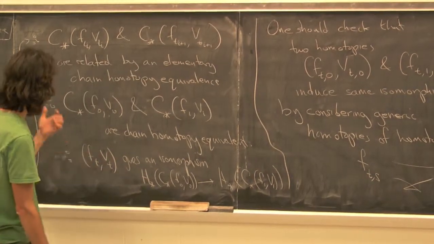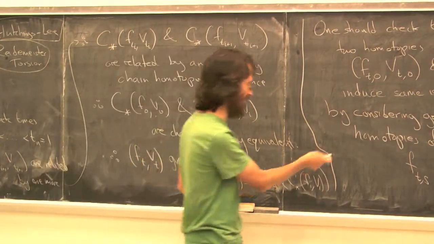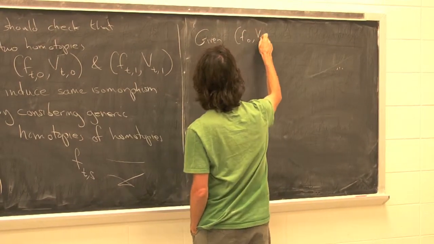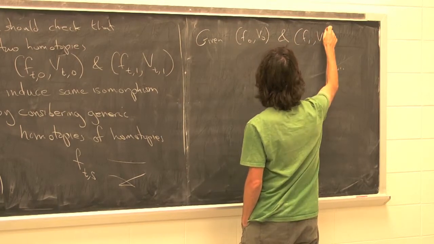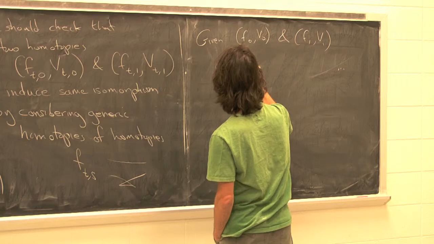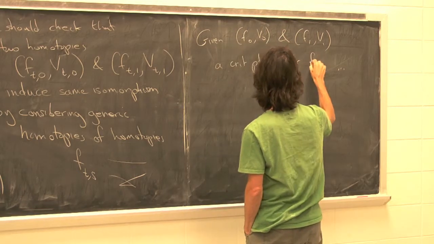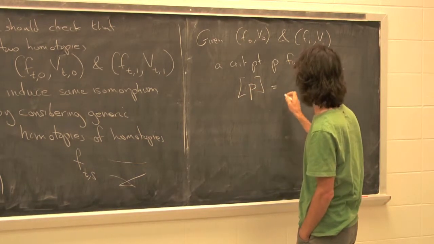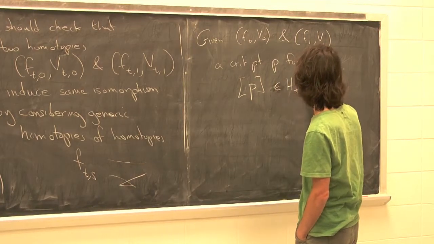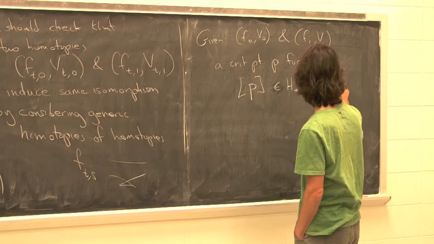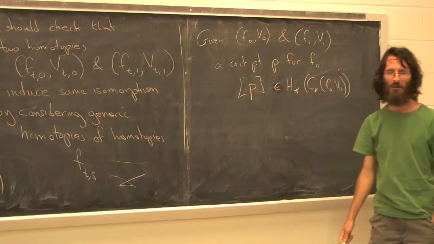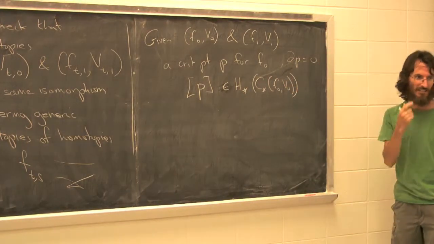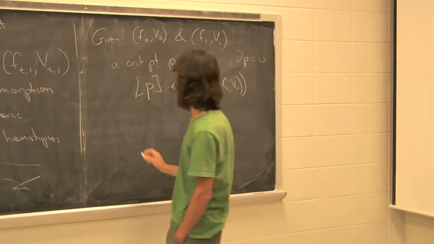A question that would be resolved by this is, given F0, B0, and F1, B1, and let's say a critical point P for F0, then you'll have a homology class for P, an element of the homology of the chain complex for F0, B0, supposing the critical point P is such that boundary P is equal to 0.